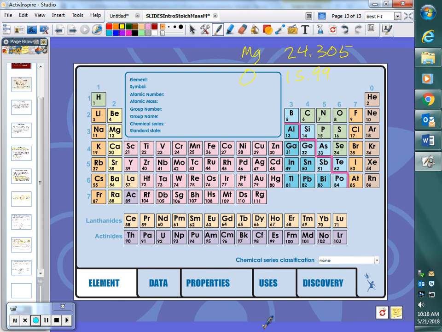So the molar mass of magnesium oxide is just going to be these two values added together. And so when I add those together, hold on, let me grab my calculator. Stand by, calculating.